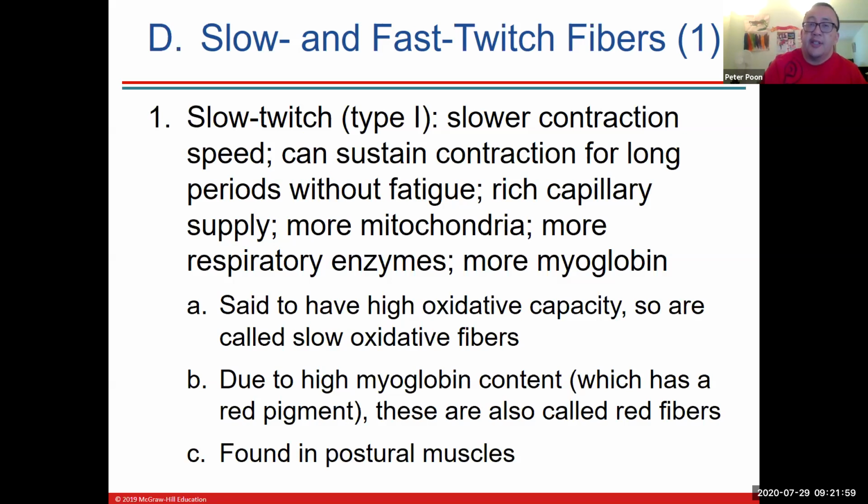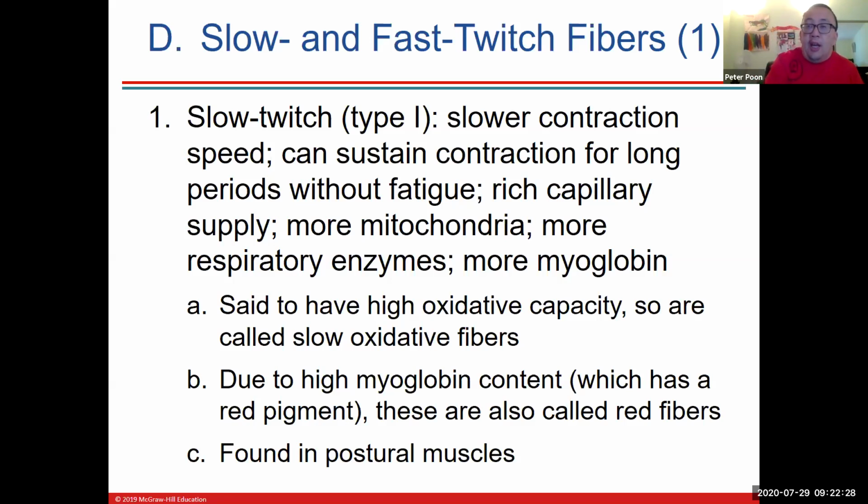They can sustain contraction for long periods of time. They have a rich capillary supply, more mitochondria, more respiratory enzymes, and more myoglobin. So you can sustain contractions for longer periods of time: more mitochondria, more oxygen processing, more capillaries, more blood input.